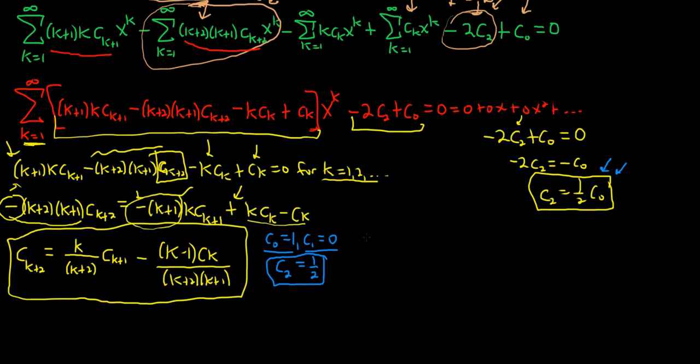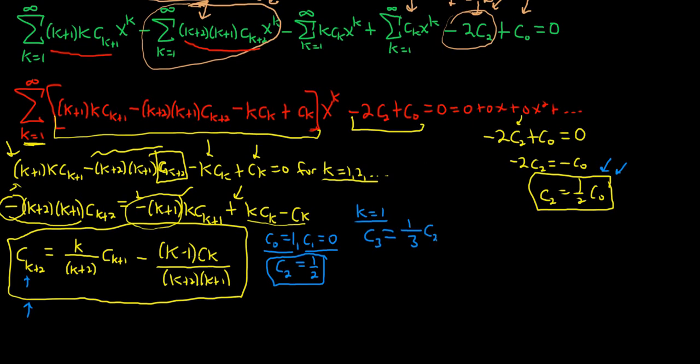All right, now let's find C3. To find C3, we'll use our recurrence relation. So when k is 1, notice how I write down k is 1. That's how I don't mess up. C sub 3, right? 1 plus 2 is 3. So this is equal to 1 over 1 plus 2, which is 3, and then 1 plus 1 is 2, so that gives us C2.